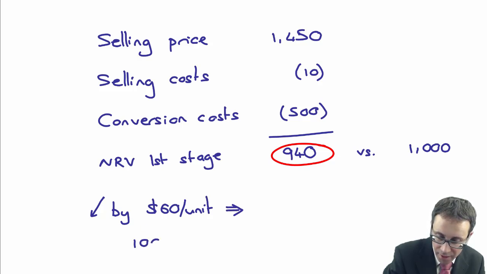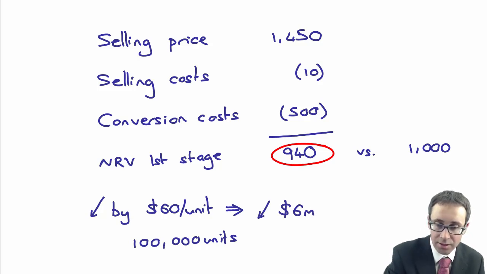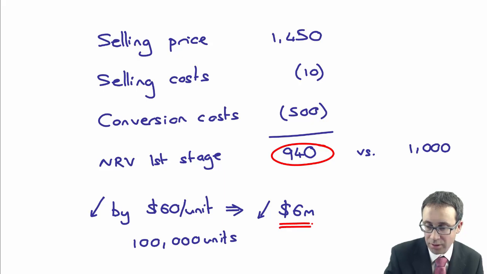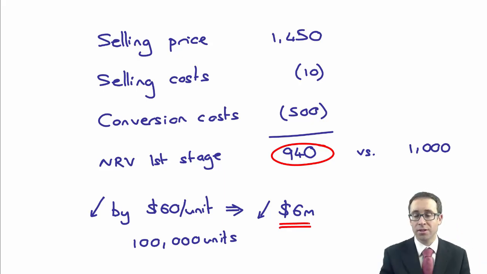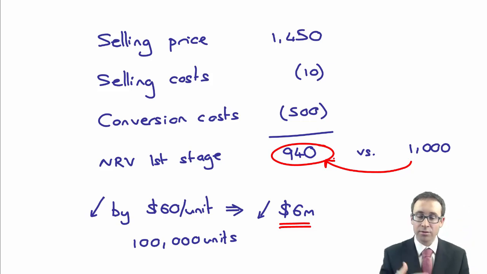I think we have, is it 100,000 units in the first stage, isn't it? So I think that is a reduction, is it, of $6 million. That's the adjustment that I would need to process to get the goods from their cost of 1,000 for the 100,000 units down to 100,000 units at 940. There we have it. That's inventory, valuing it at the lower of cost and NRV.